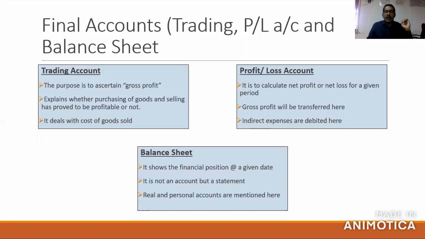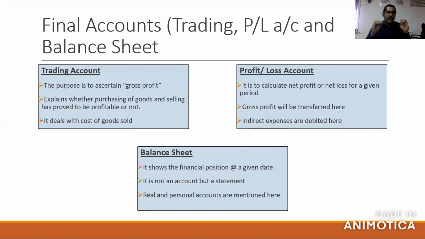Fine. So right now we'll be going to learn what you mean by cost of goods sold, what you mean by a trading account, and what are the things involved in trading account. Then we will discuss profit and loss account, balance sheet, and we'll be preparing final accounts.